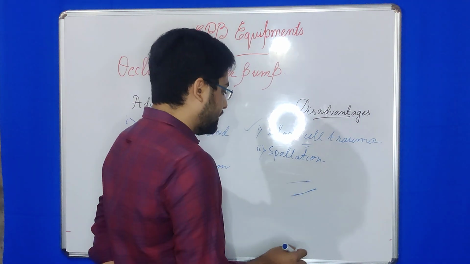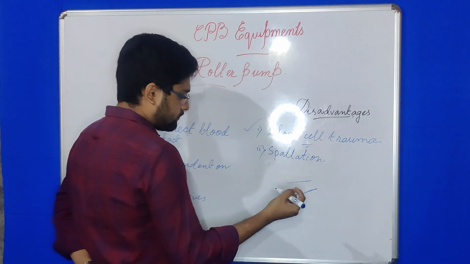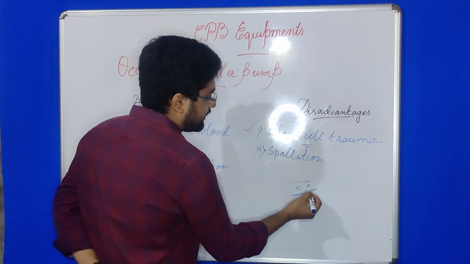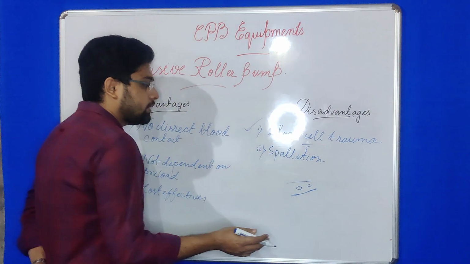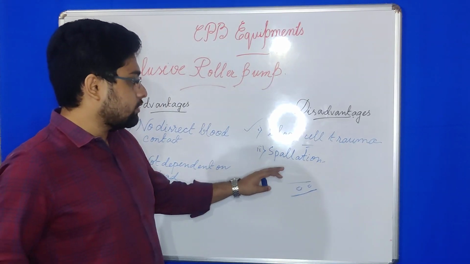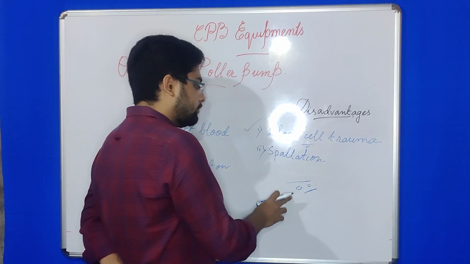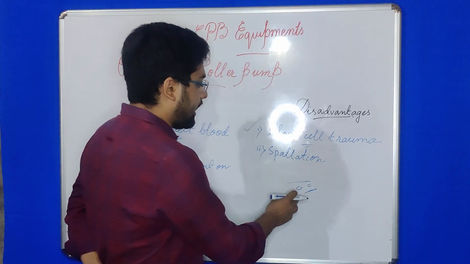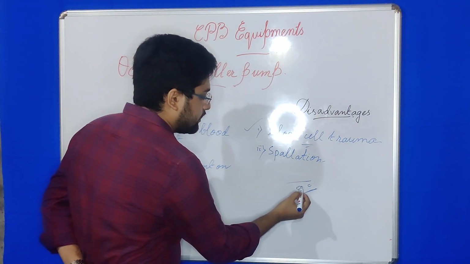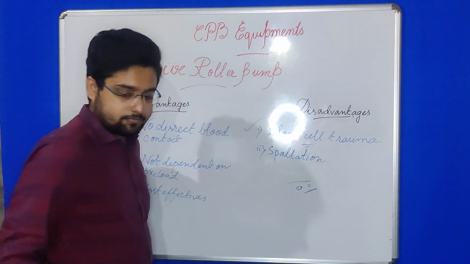After using them for a long time, some parts of the inner surface of the tubings, which are microscopic and cannot be seen with the naked eye, get damaged, and this mixes with the blood. This is called spallation.